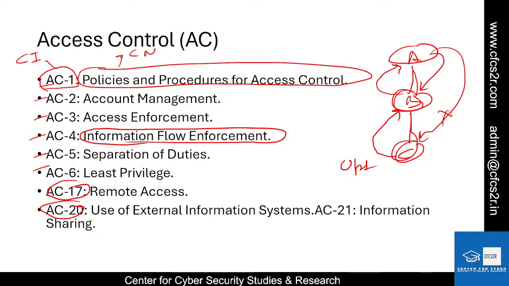Then we have separation of duties in AC-5. The organization should ensure that an appropriate separation of duties is established for decisions that require the acquisition of both information system and supply chain components.